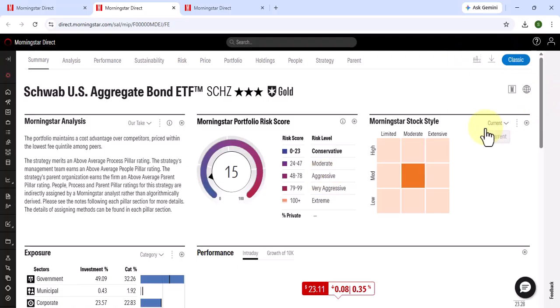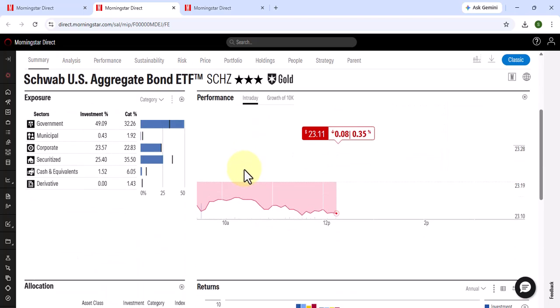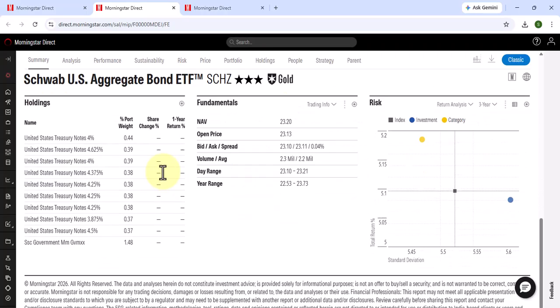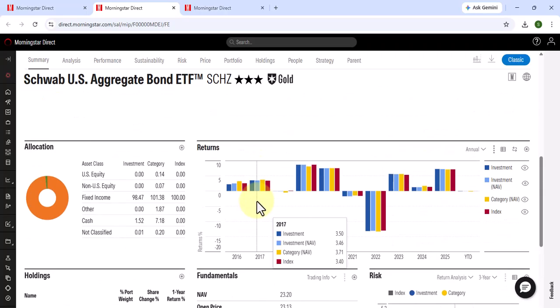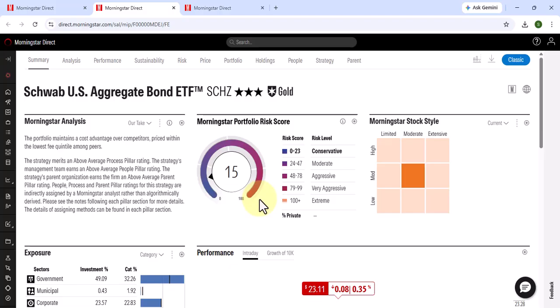Again, gold medalist rating, Morningstar portfolio risk score of 15, and we were looking for a conservative investment for this. A little bit lower on that SEC yield, which is a good predictor of future returns. So I'd probably cut this one out. But the other three look great, depending on what you're going for, but they're all good funds to consider. So that's where I'm going to stop for this video.